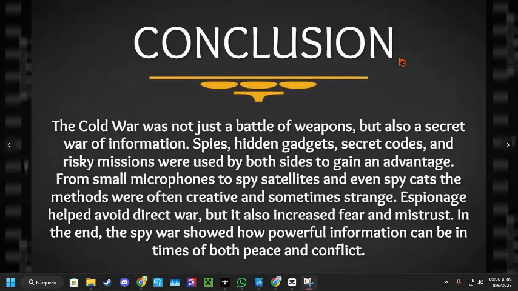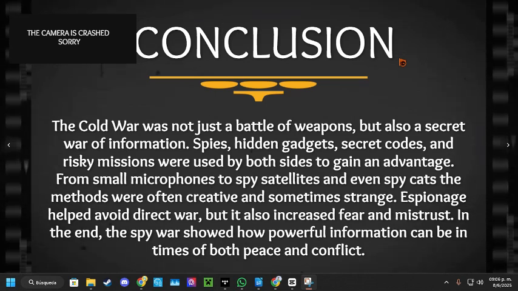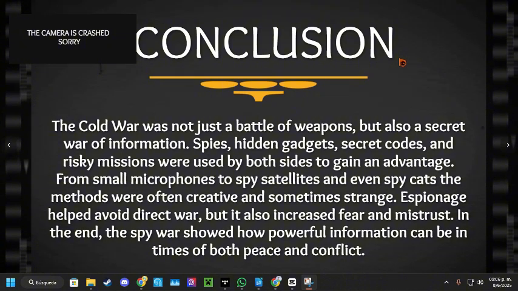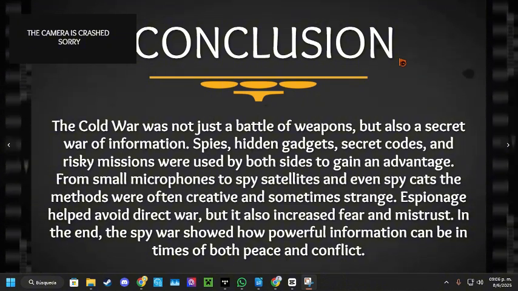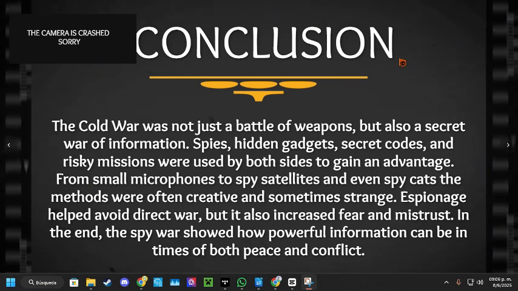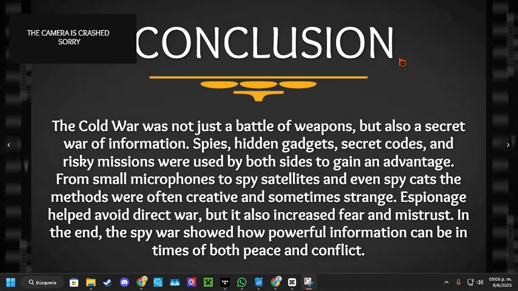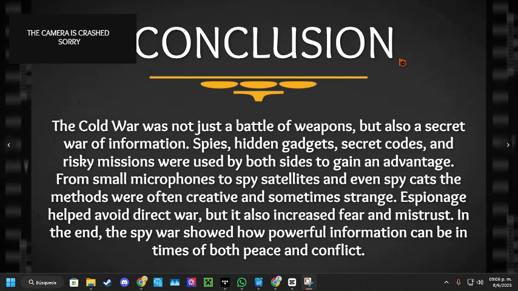And in conclusion, the Cold War was not just a battle of weapons, but also a secret war of information. Spies, hidden gadgets, secret codes, and risky missions were used by both sides to gain an advantage. From smart microphones to spy satellites and even spy cats, the methods were often creative and sometimes strange.